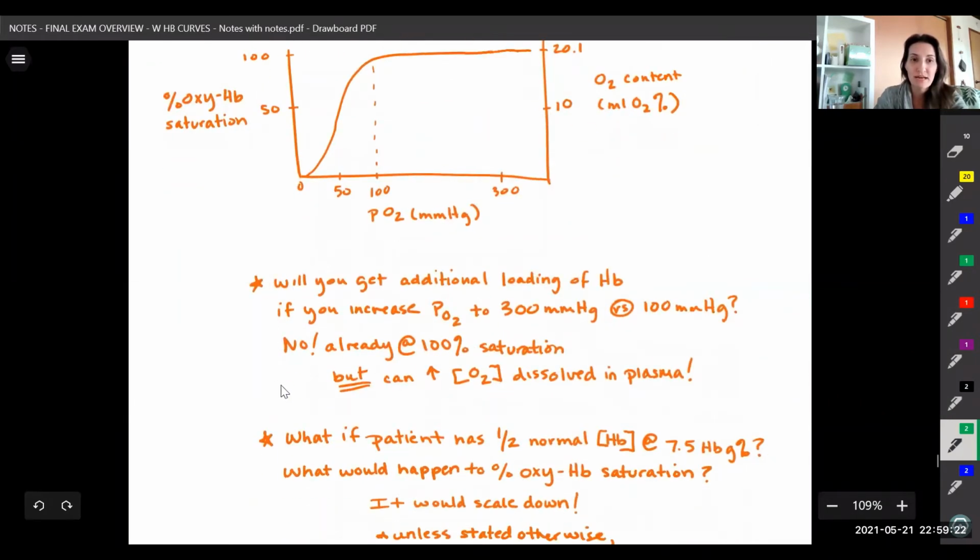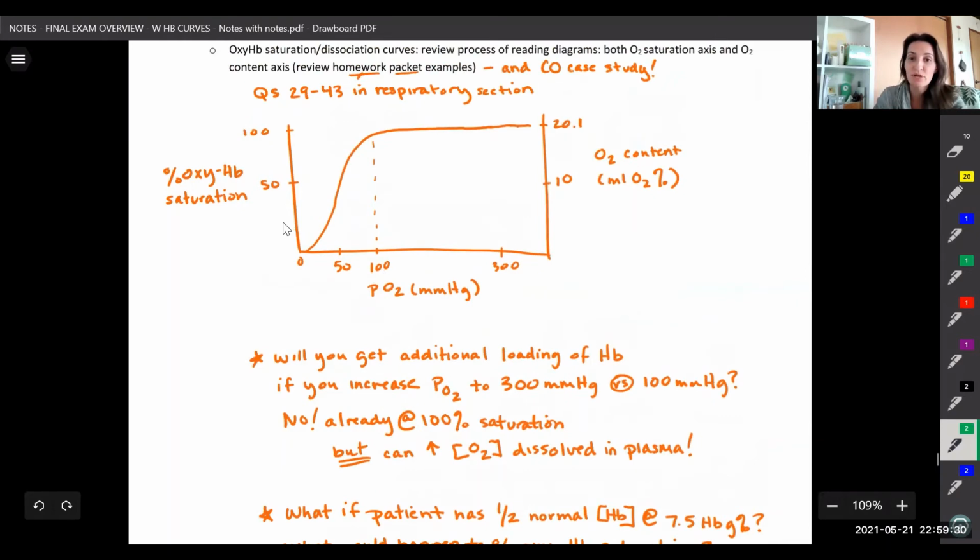These are some questions that came from the homework packet that I wanted you to take note of. For instance, will you get additional loading of hemoglobin if you increase the partial pressure of oxygen, say on this diagram, to 300 millimeters of mercury versus 100 millimeters of mercury? 100 millimeters of mercury is the PO2 we expect during loading at the lungs.